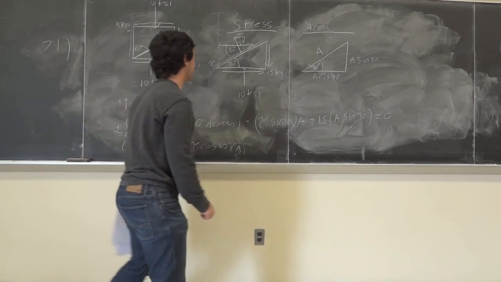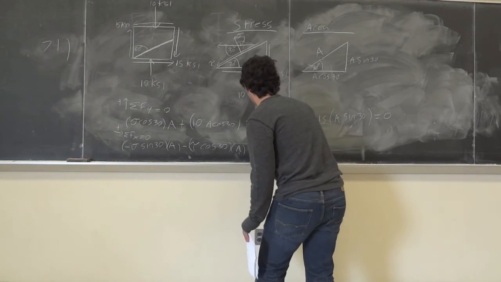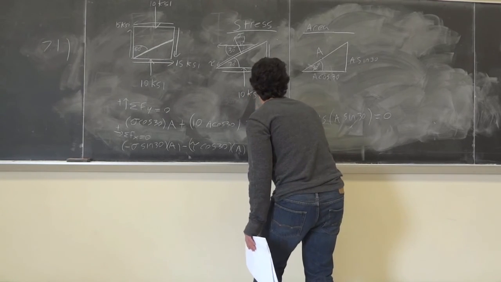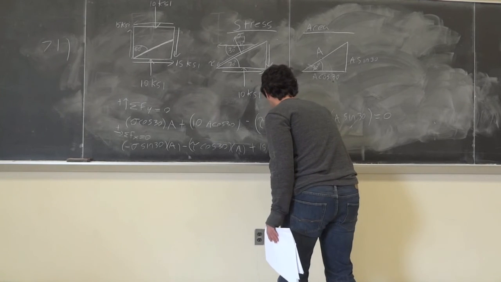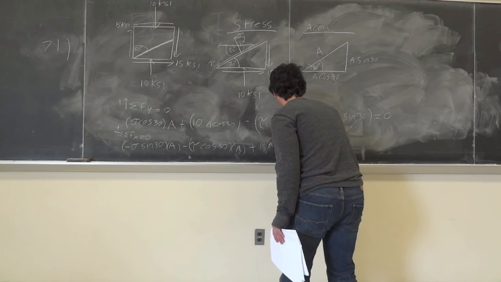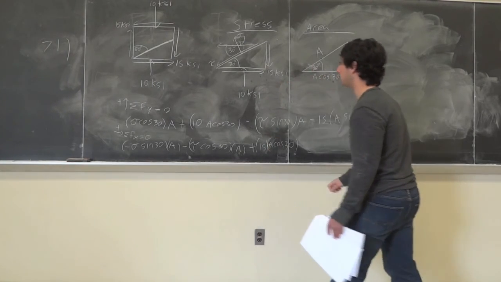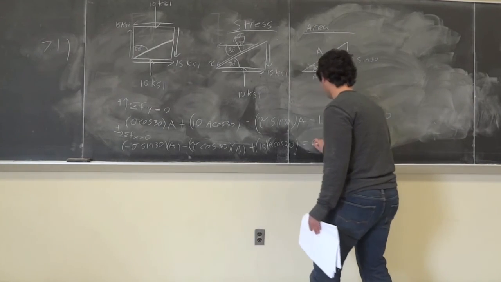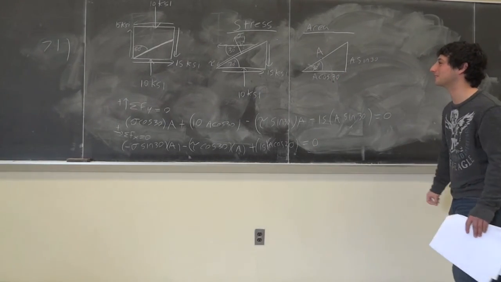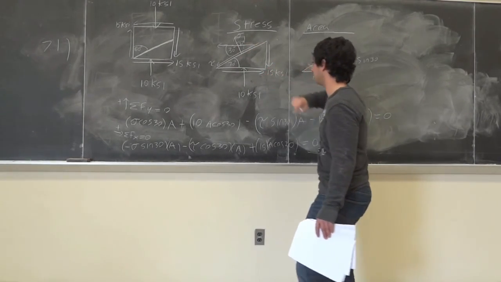And then you also have this force, this is in the x direction. So you have plus 15 times its corresponding area, which is A cosine of 30. And then finally, that's it. This is equal to 0. You're right, there's no other forces in the x direction. So we got 1, 2, 3. Yeah, that's right.